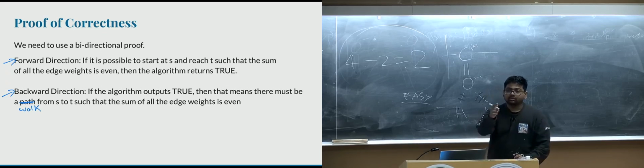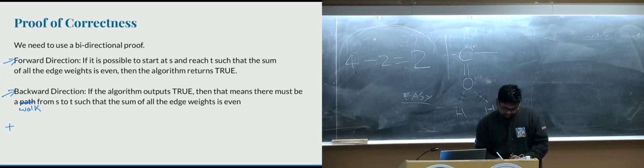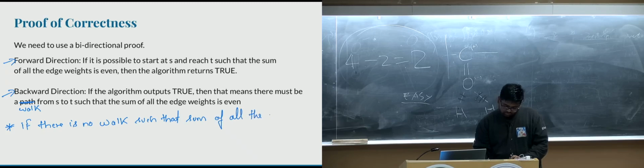Okay. So what you said was a little bit different. We said like if there is no such walk, then it should return false, right? So it was something like this. If there is no walk such that the sum of all the edges is even, then return false, right?